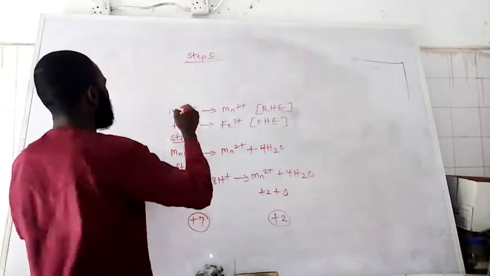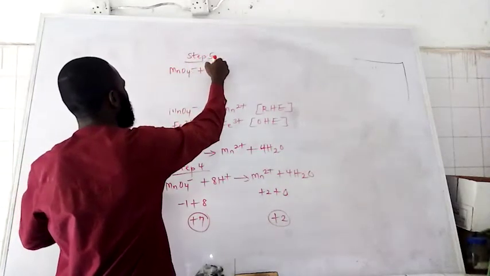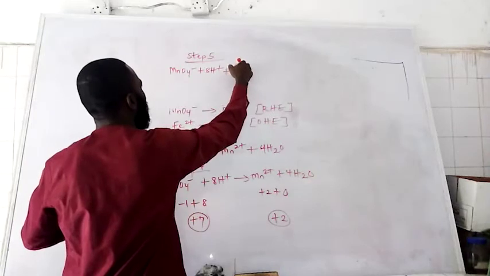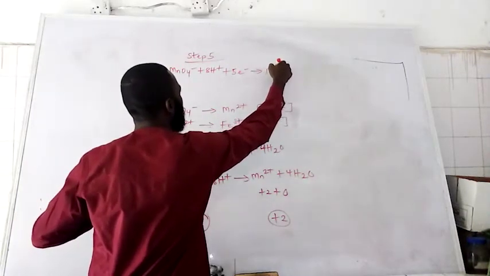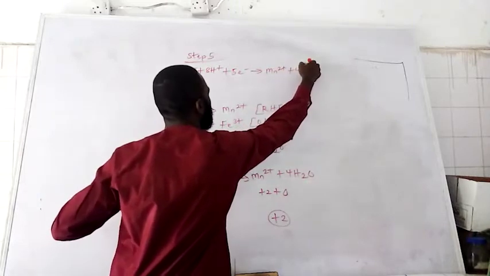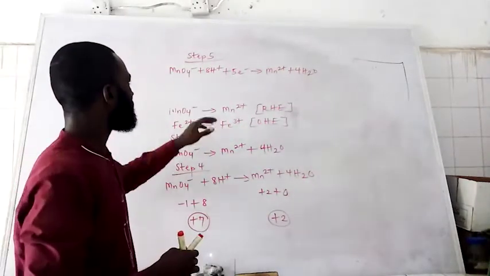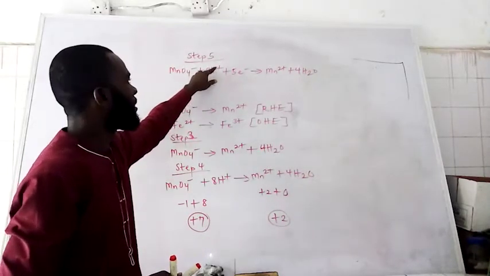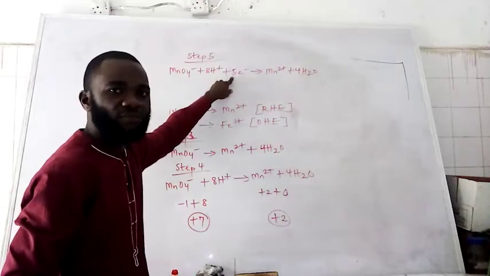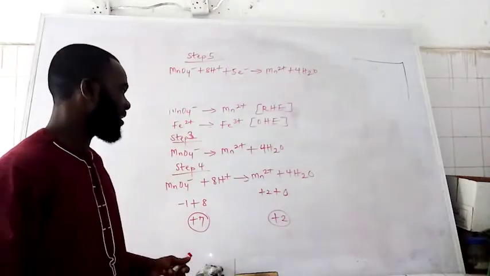So I will have MnO4 minus plus 8H plus 5e minus, yielding Mn2 plus 4H2O. So the implication of this is, now minus 1 plus 8 is going to give me what? Plus 7. Okay? Now 7 minus 5 is going to give me 2, while I have 2 on the right hand side. So I'm done with that.